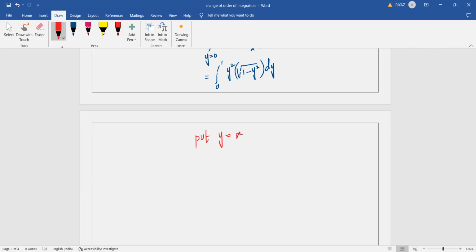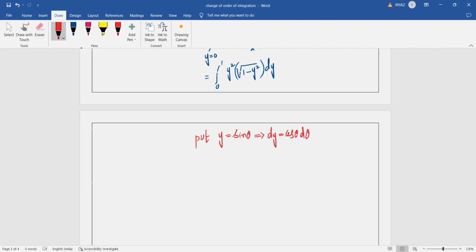So y is equal to sin theta, and if you differentiate, dy becomes cos theta d theta.